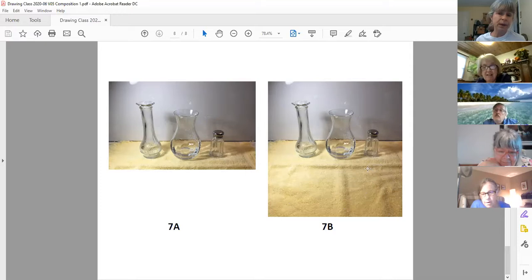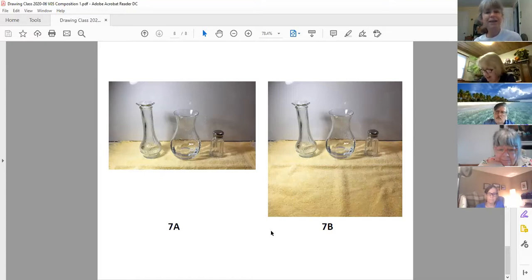And the picture almost becomes about this. Okay. And now you have two competing elements. You would have this whole fold and foreground competing with the three elements on the table. So it's always better to decide what the picture is about. And in this case, it would be a little bit too much of a competition. Okay.